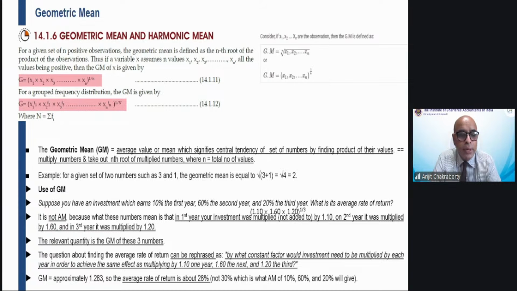The geometric mean gives us approximately 1.283, which indicates that the average rate of return is around 28%. As I discussed earlier, arithmetic mean gives us a figure of 30%, but geometric mean is more appropriate, more precise. So when we talk about central tendency, accuracy and precision is an important factor, and geometric mean serves that purpose in this scenario.